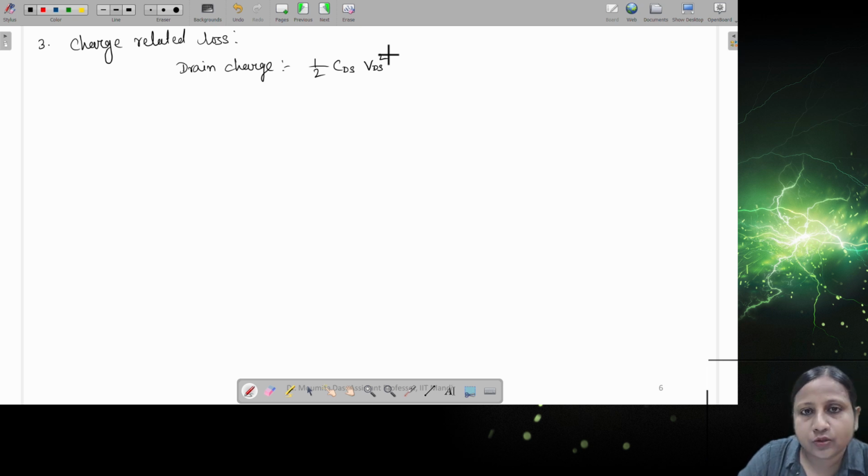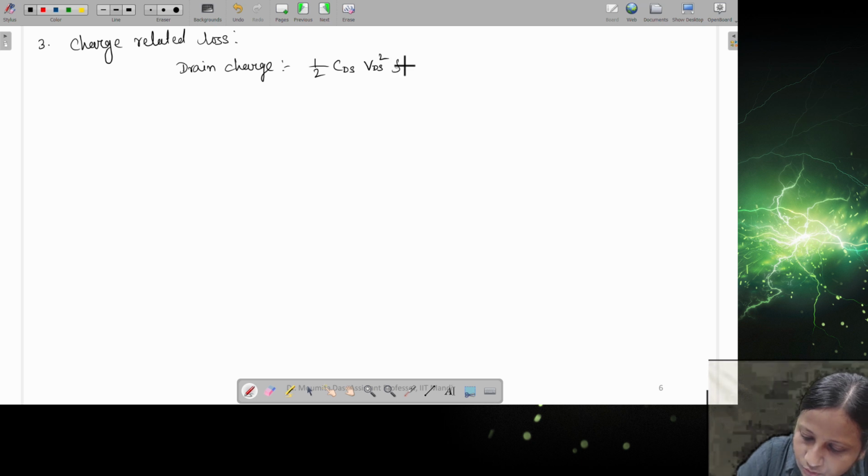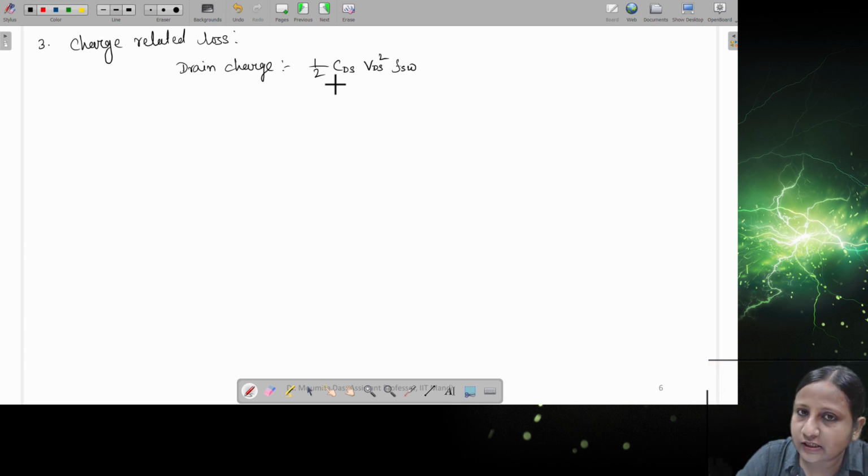This is with respect to the MOSFET. In an IGBT, it will be with respect to collector to emitter: the capacitance, the voltage across it, multiplied by the switching frequency. So if this CDS increases, then the charge related loss will increase.